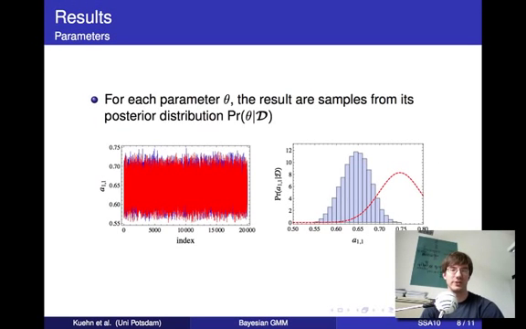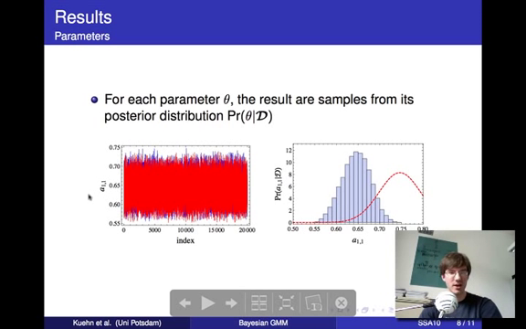And now we'll come to the results. This is what it looks like. For each parameter theta, we have samples from its posterior distribution given the data. This is shown here for one particular parameter, which is used for magnitude scaling for PGA.